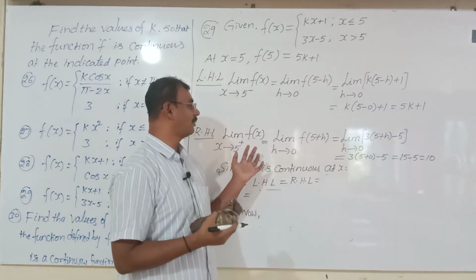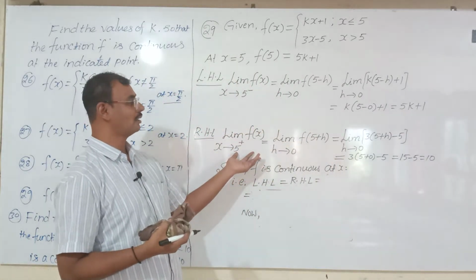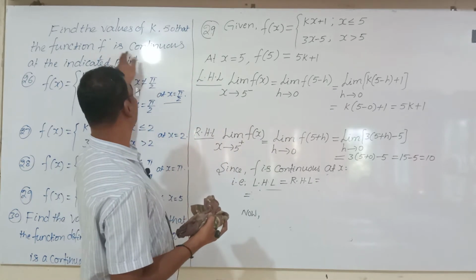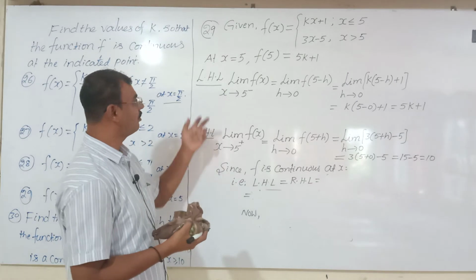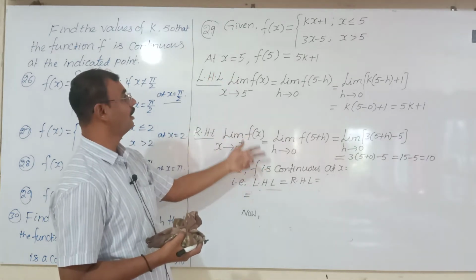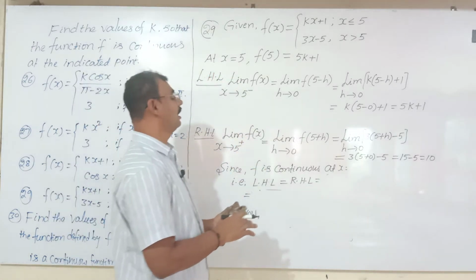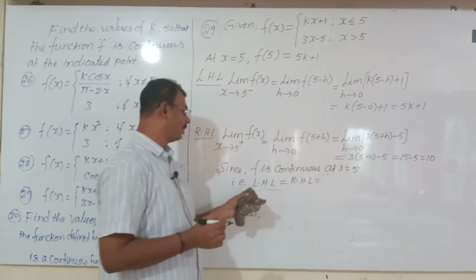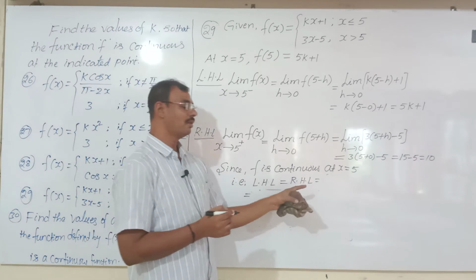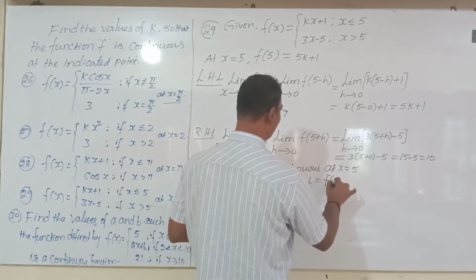So I got the left hand limit and right hand limit, both exist here. According to the problem, f is continuous at the indicated point. It is already continuous at x is equal to 5. What does it mean? It means left hand limit is equal to right hand limit is equal to f of 5.